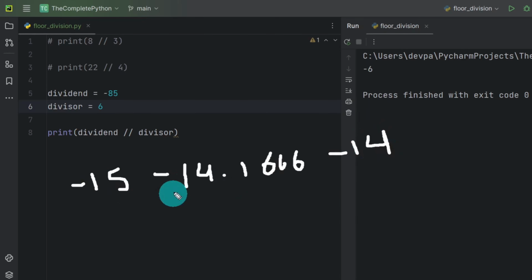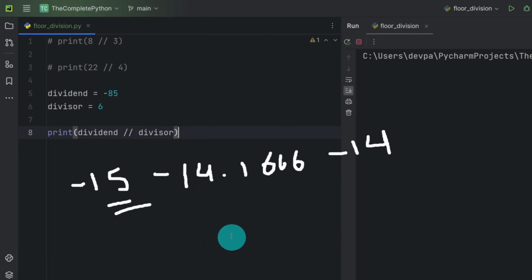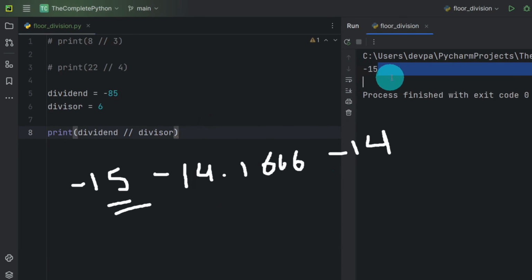Now we have to find the integer that is less than or equal to minus 14.166. Minus 15, it is less than or equal to minus 14.1666. Hence, the result of floor division operation between minus 85 and 6, it will be minus 15. Now if we execute the program, you can see we are getting minus 15.